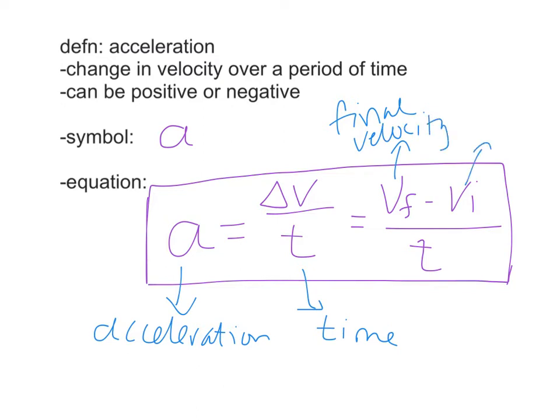And Vi is initial velocity. So if you know the definition of acceleration, you know the equation for acceleration. And when we start dealing more with the equations, we'll see how this equation rearranges to get one of our three main kinematic equations.